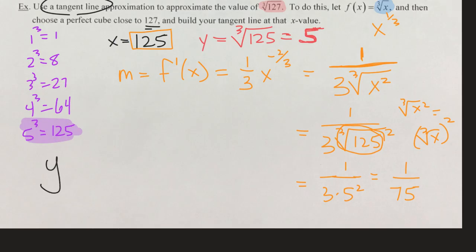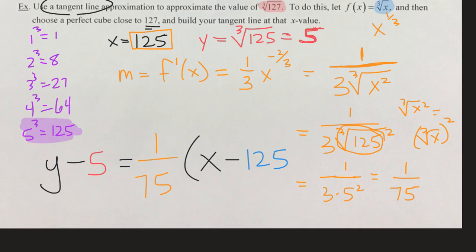So the equation we're looking for is y minus 5, that's the y value, equals our slope, our derivative, 1 over 75, times x minus 125, which is the original x value that we chose up here.